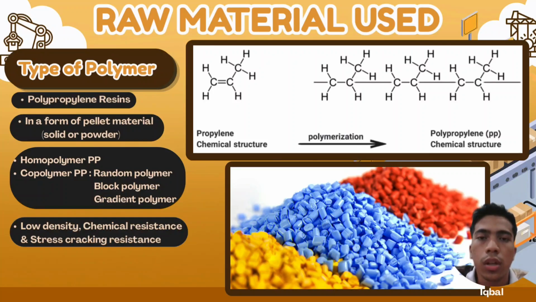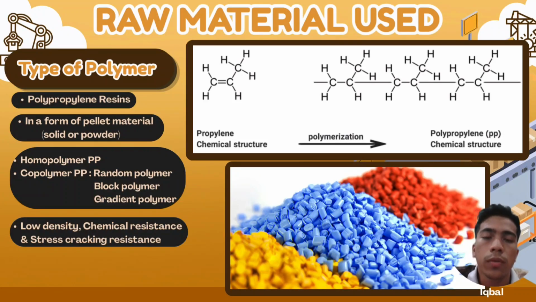These two types of polymer have different properties, which can give different products and different abilities to the product itself. But in foam injection molding, most of it uses copolymers because copolymers are suited for corrosion resistance and have high operating temperatures, as the machine uses heat to inject through the mold.